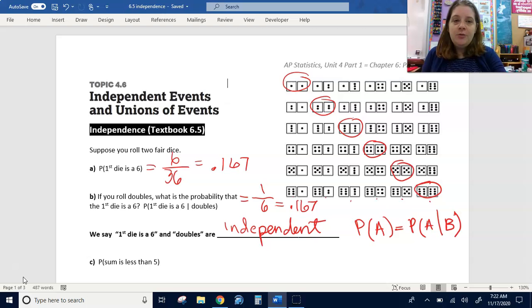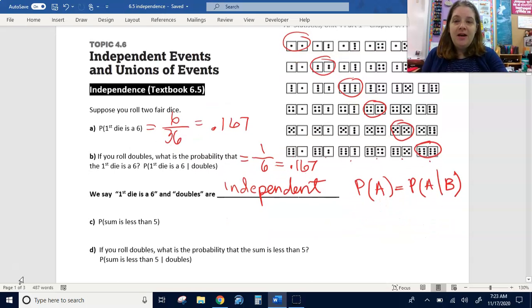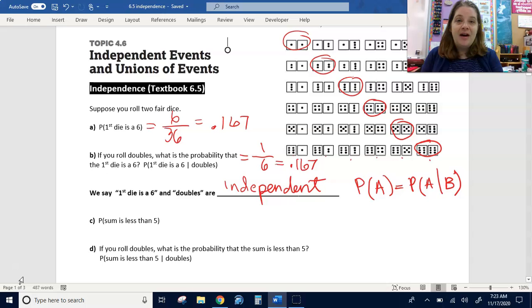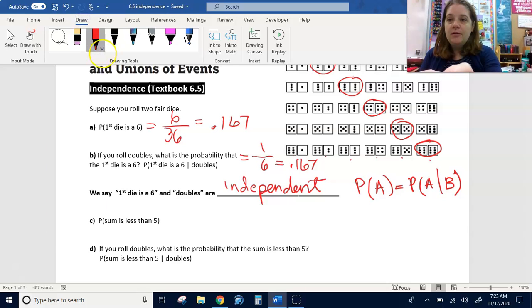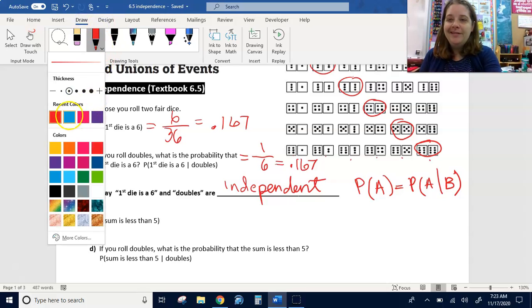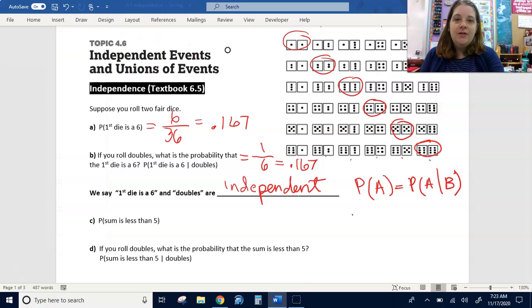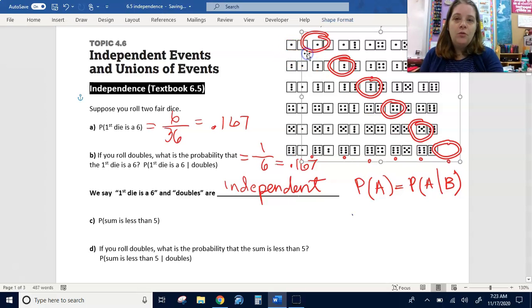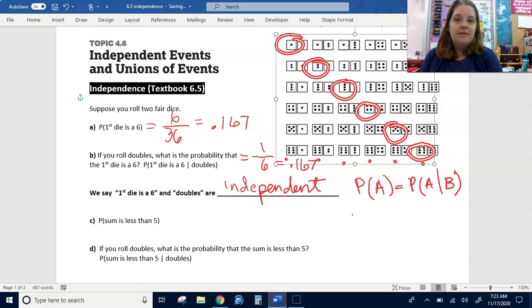Now the next question says, what is the probability of getting a sum less than 5? A sum less than 5. Let me change colors here real quick. Thanks for your patience. A sum less than 5, we're talking about, oh, I just moved all my dice.